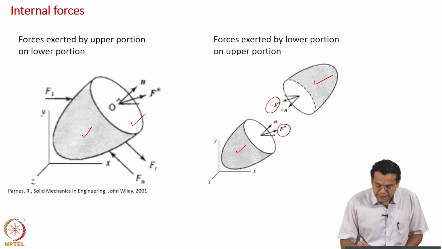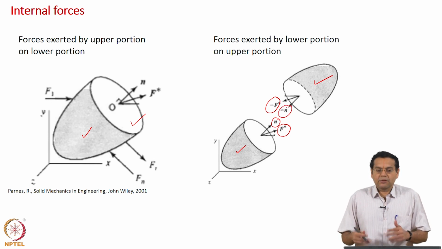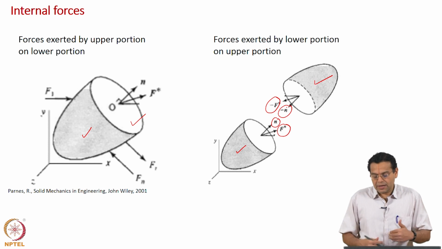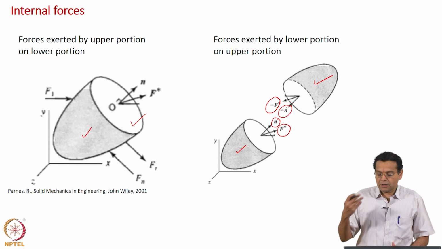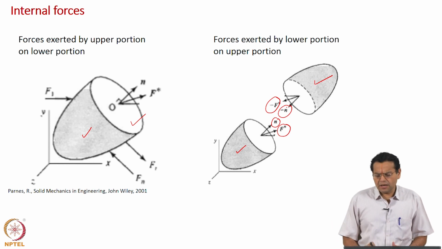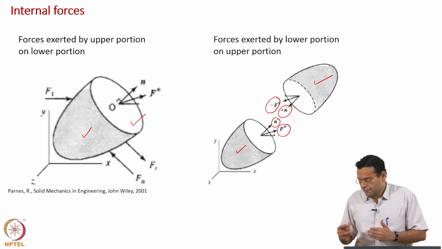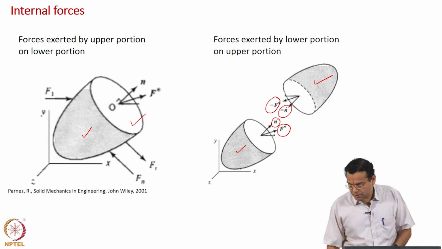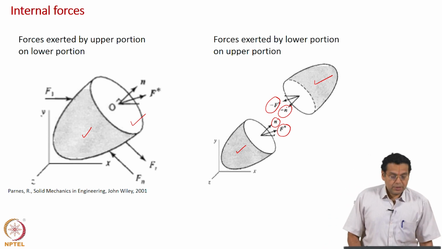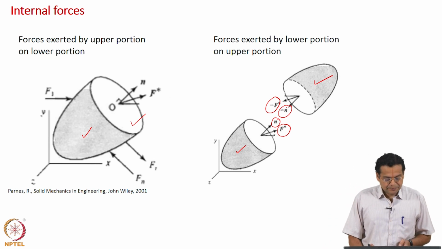That is also clearly indicated by using the normal, this n vector, and this minus n vector. Looking at the bottom portion, it is F star, the force because of the top portion. Looking at the top portion, minus F star is because of the bottom portion. On either side the forces are of equal magnitude and opposite direction. So now let us proceed further.